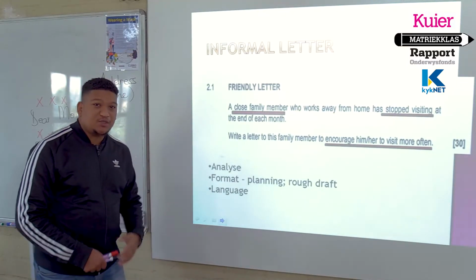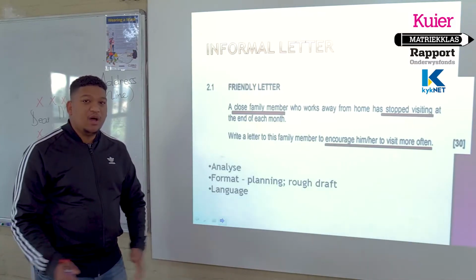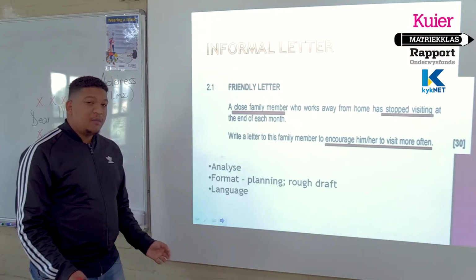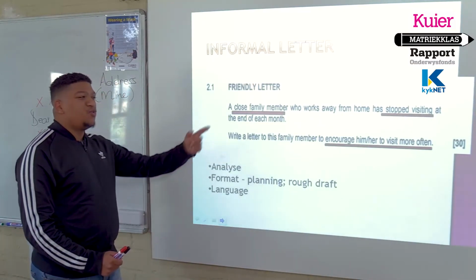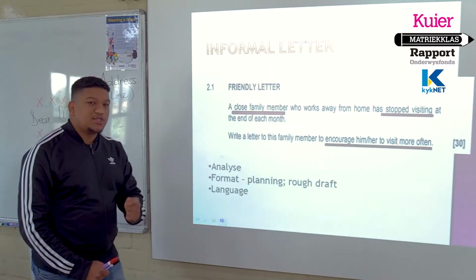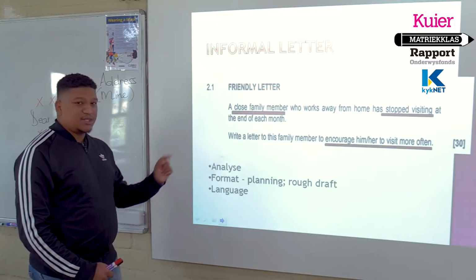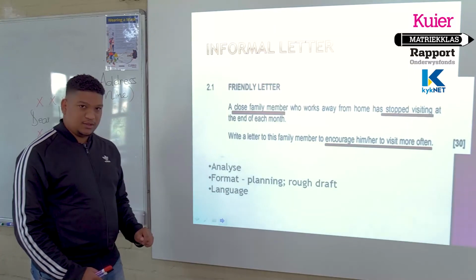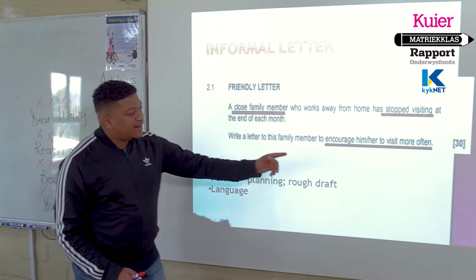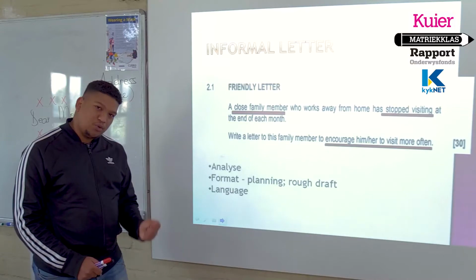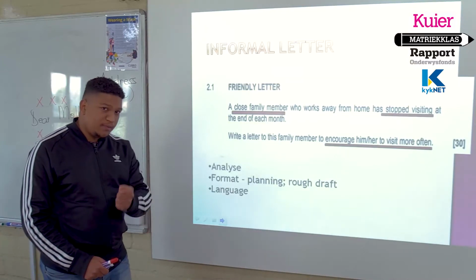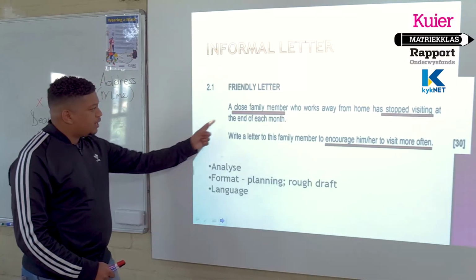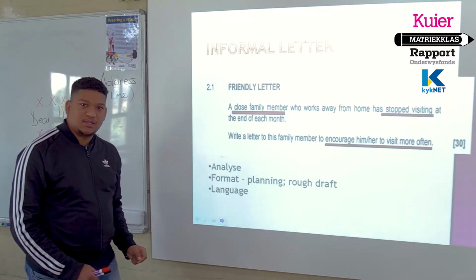It could be a sister, it could be a cousin, it could be a niece, nephew, whatever the case might be. But this person has moved away from home and stopped visiting. My instruction tells me to write a letter to this particular person to encourage him or her to visit more often. Obviously, when I analyze, I'm going to note those three things.